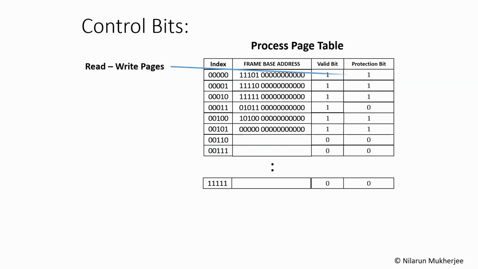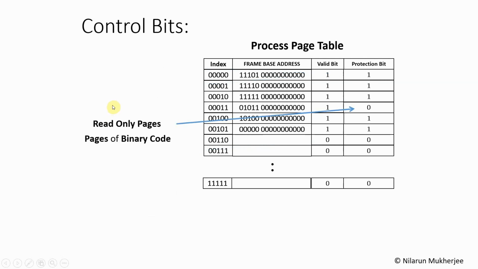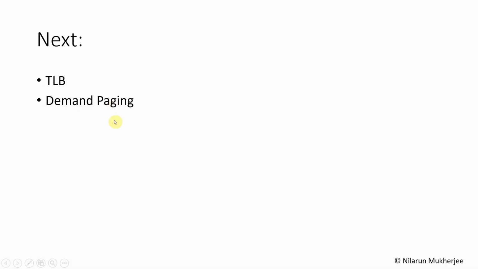And there is another one, the protection bit we can use, which when set to 1 means it is a read-write page. And read-only pages will have 0, that is any attempt to write on a read-only page will generate an illegal address trap to the OS.